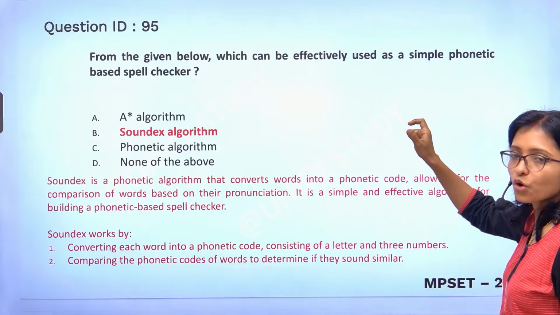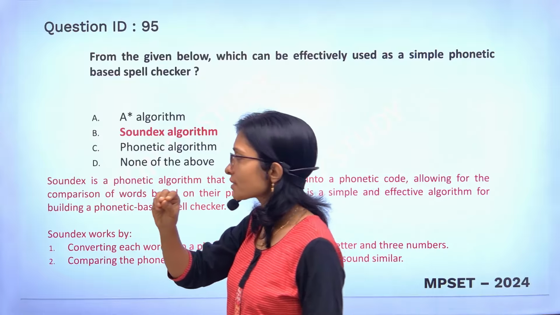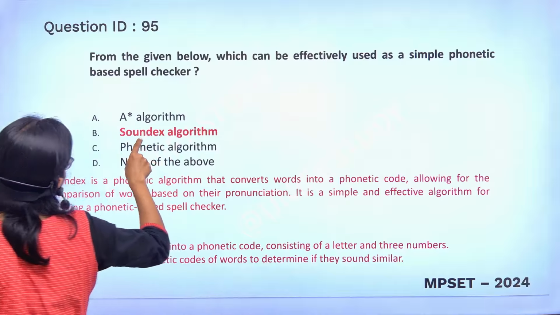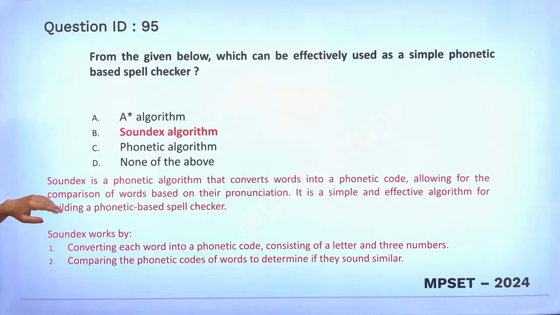Phonetic is phonics, and phonics is related with sound. This is the Soundex algorithm. Soundex is a phonetic algorithm that converts a word into a phonetic code and allows comparison of words based on their pronunciation. So it is a simple, effective algorithm for building a phonetic based spell checker.